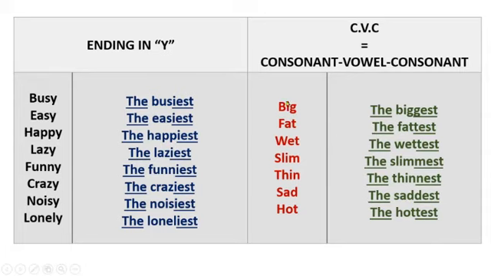Big ends with g, that's why we use double g: biggest, the biggest; fat with t, the fattest; wet with t, the wettest; slim with m, double m, the slimmest; thin, the thinnest; sad, the saddest; and hot, the hottest.